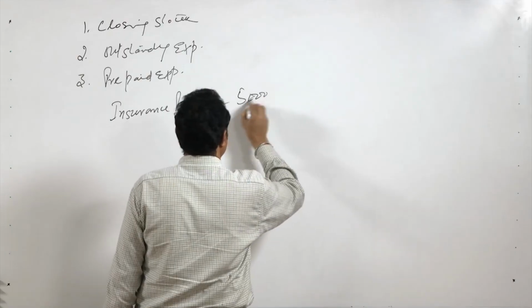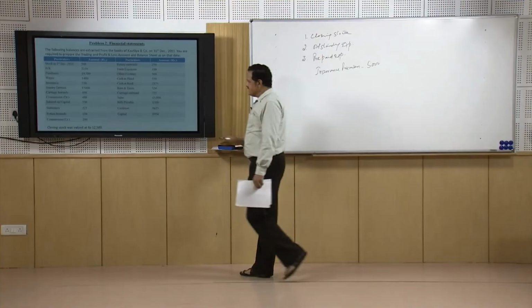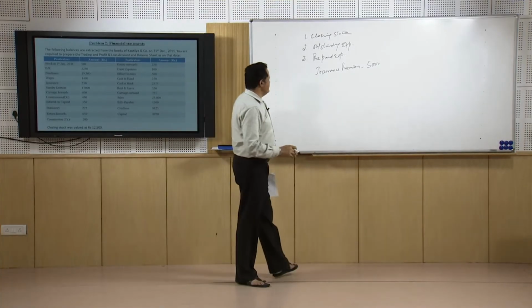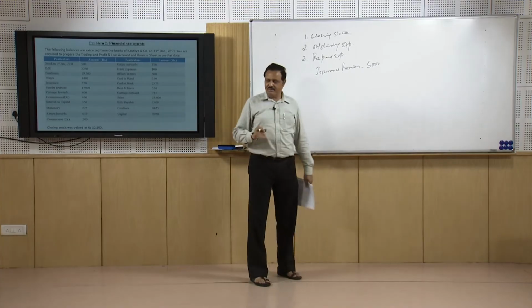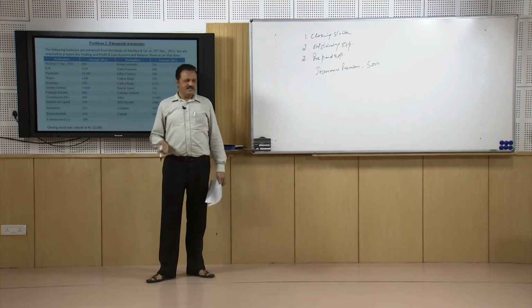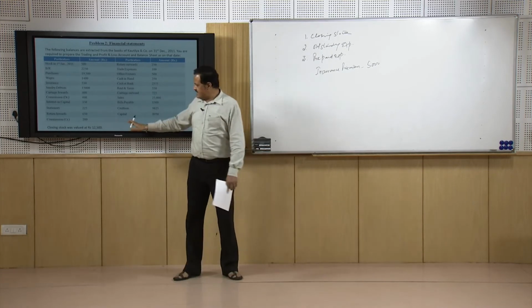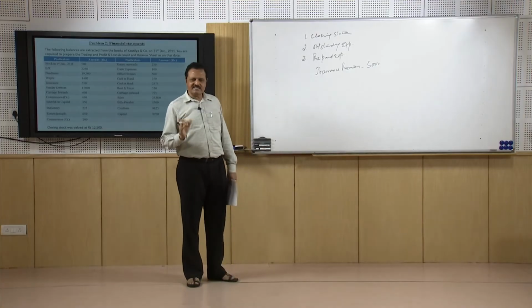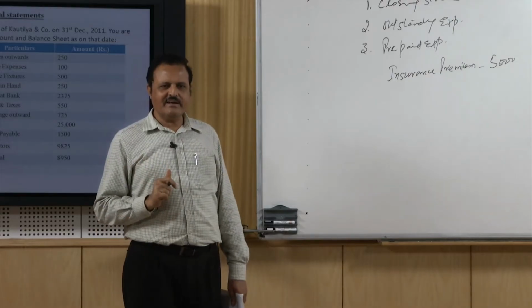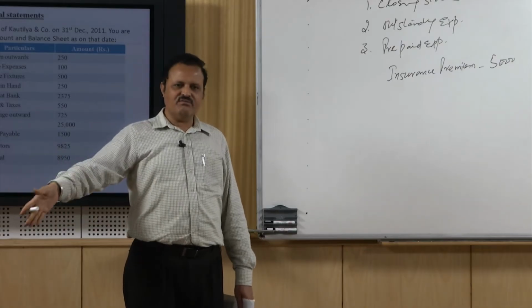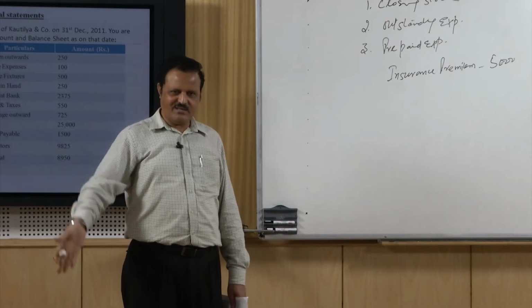Here it is written that the insurance premium is paid up to June next year. It means our accounting period ends in December of that year, and the insurance premium is paid till June, that is, for 6 months of the next year also.